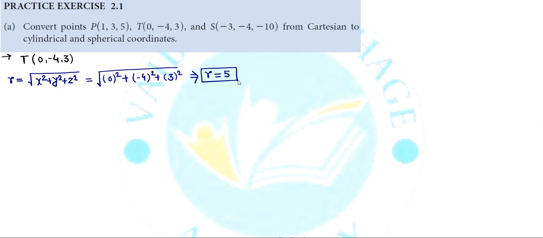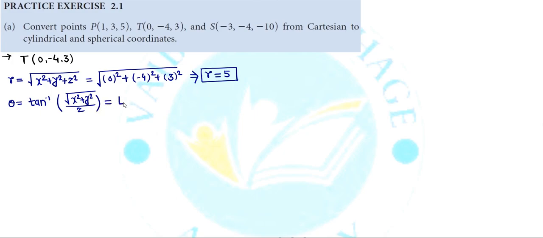Then next, we have the theta value. What is that theta? Tan inverse of the square root of x square plus y square, divided by z.